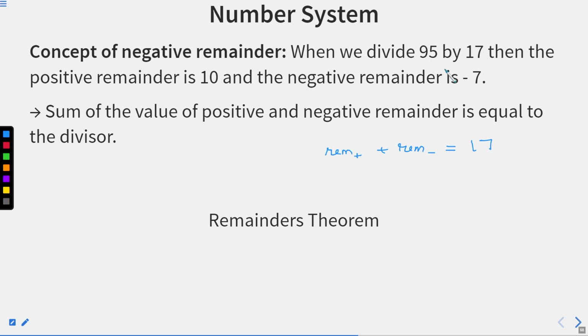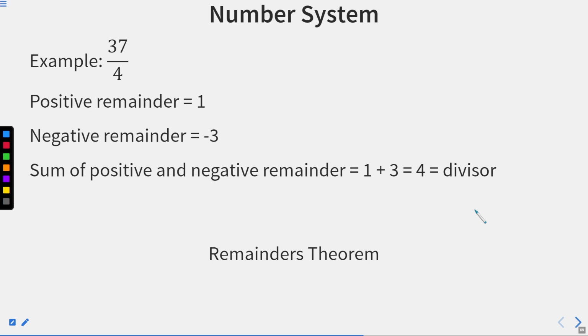So when you divide 95 by 17, you have positive remainder 10. How do you find the negative remainder? You can simply subtract 10 from 17 and it will be 7, and just put a negative sign here. So 7 is the negative remainder.